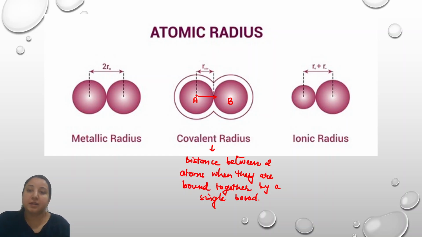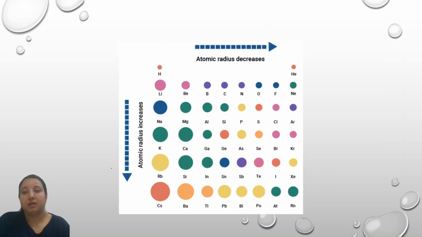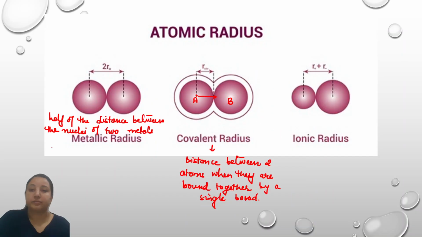Then the next one is the metallic radius. Now metallic radius means again it is half of the distance between the nuclei of two metal atoms in a metallic structure.